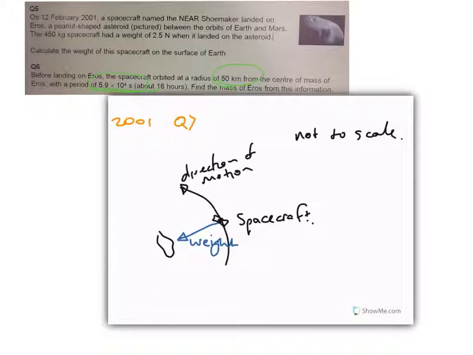Labelled arrows. And that's an arrow with a label. So you could have had weight force, or you could have had gravitational force, you could have had mg, or you could have had F subscript G like that. Any one of those would have been acceptable. And yeah, that's how you had to answer question 7 from 2001.